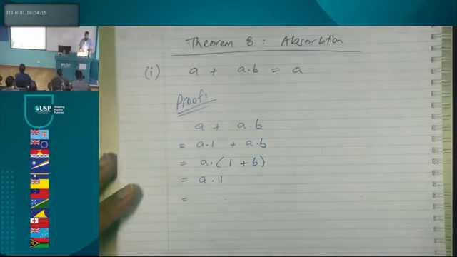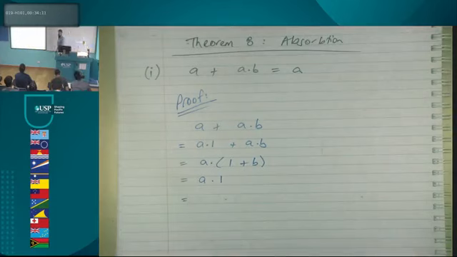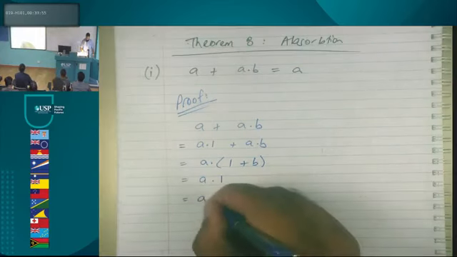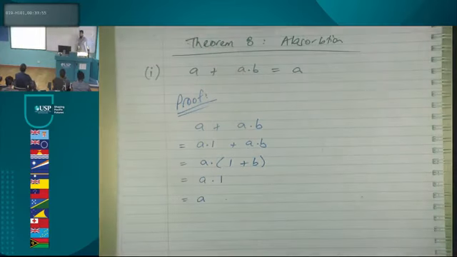Now, according to the identity rule for the AND gate, always remember the theorem number, you've always got to flip back. The identity element for the AND gate, A and anything with 1 will give you the same answer. That's the proof. That's the proof.